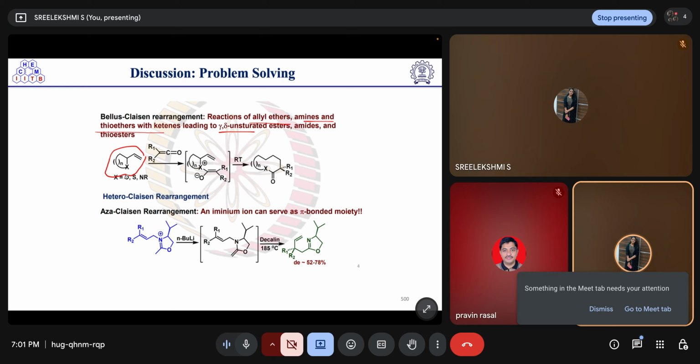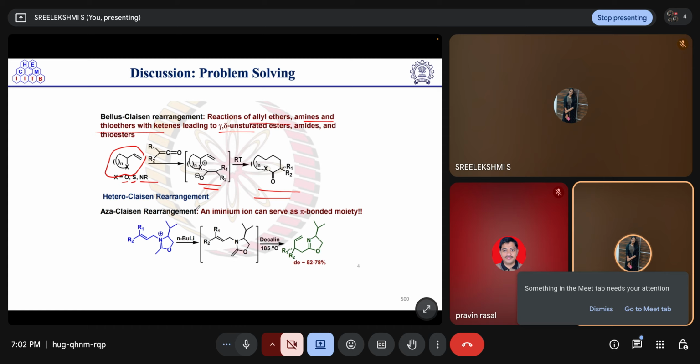That is, the substituent X can be oxygen, sulfur, or nitrogen. And then if it reacts with the ketene, it will give this gamma delta unsaturated ester, amide, or thioester through this particular rearrangement. Here the Claisen rearrangement takes place to form this type of compound, which is known as the Bellus-Claisen rearrangement.